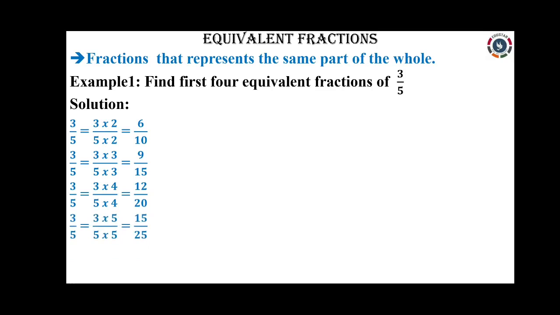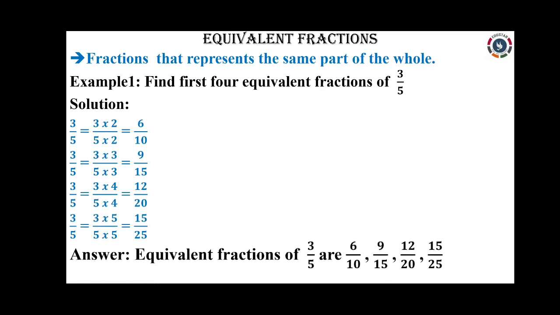Next, 3 by 5 is equal to 3 into 5 by 5 into 5. 3 5s are 15, 5 5s are 25. So, the fraction 15 by 25 is equal to the fraction 3 by 5. We got 4 equivalent fractions for 3 by 5.